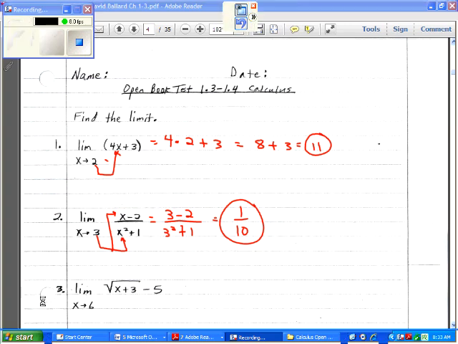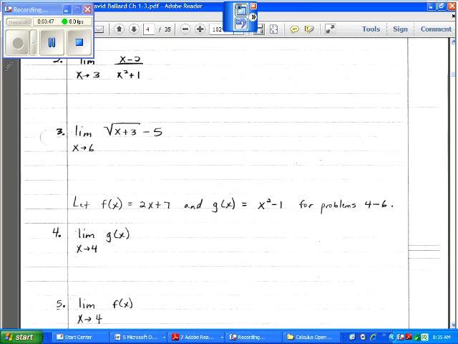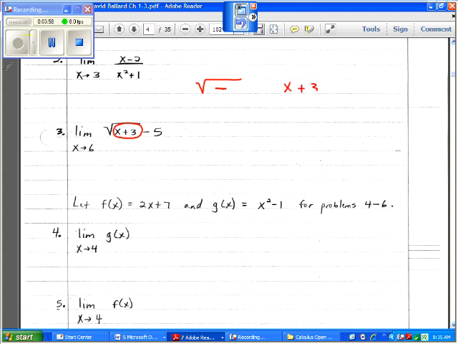Well, let's look at number 3. Number 3 has a square root. If there's a square root, we know that the thing under the square root cannot be negative. The thing under the square root is x plus 3, so x plus 3 must be greater than or equal to 0. The radicand must be a positive number or 0. So we could subtract 3 from both sides, and x is greater than or equal to negative 3.